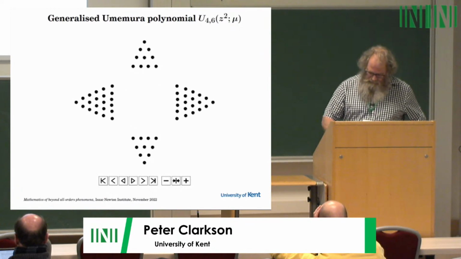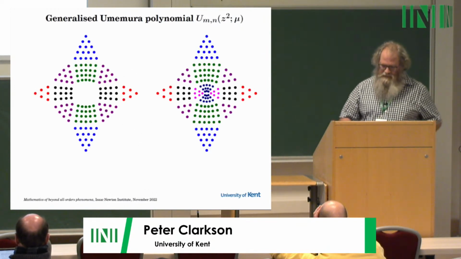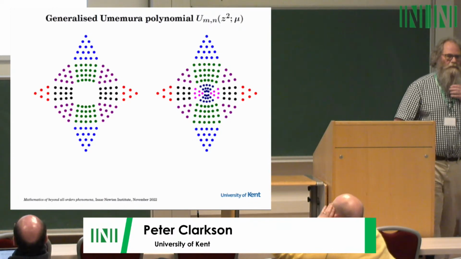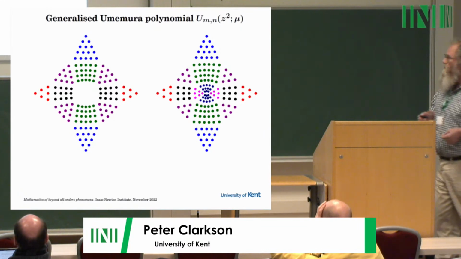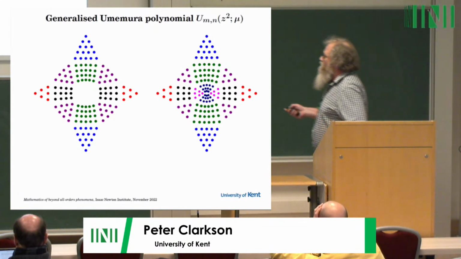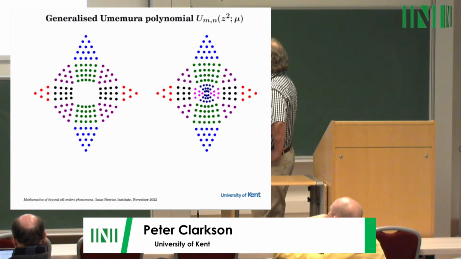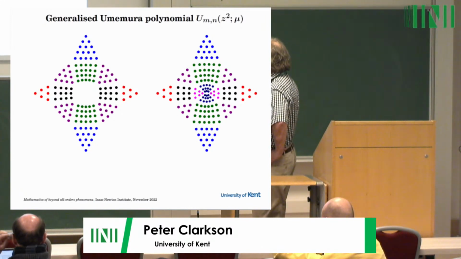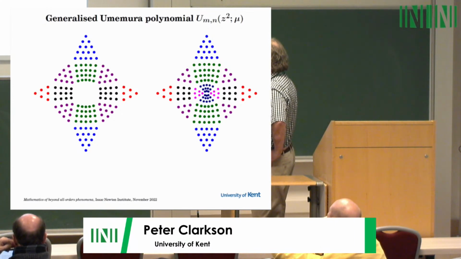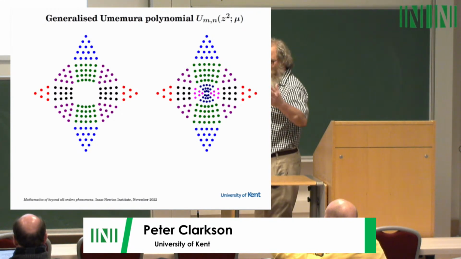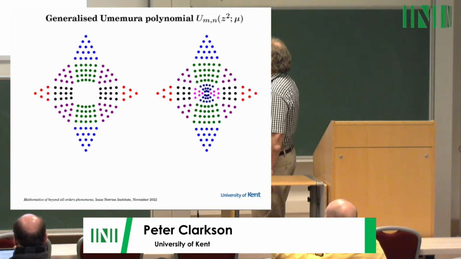But I think more intriguing is if you look at this classification, which was done using partition functions, looking at them in some detail. These are two specific generalized Umemura polynomials, and you can see here that you've got in the one on the left a combination of triangles and rectangles. These are not exact because the sides are shaped.